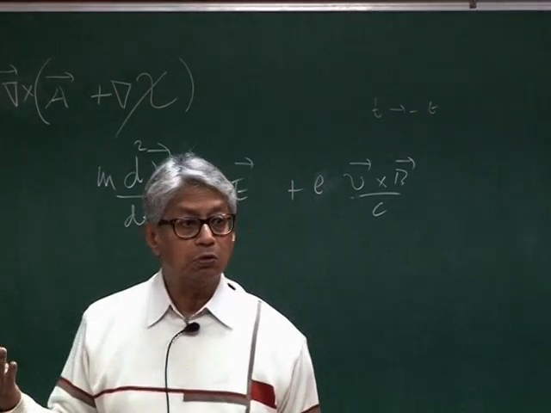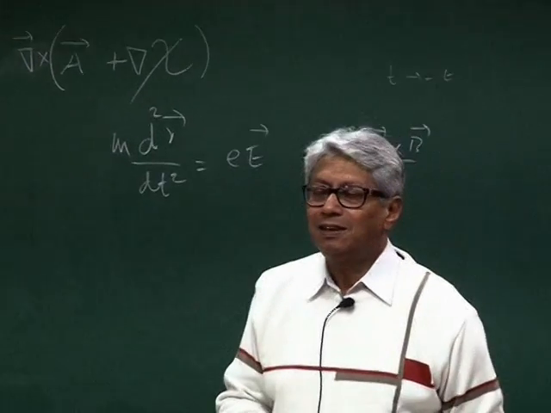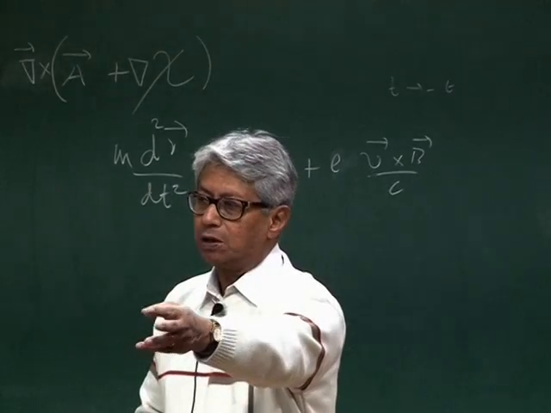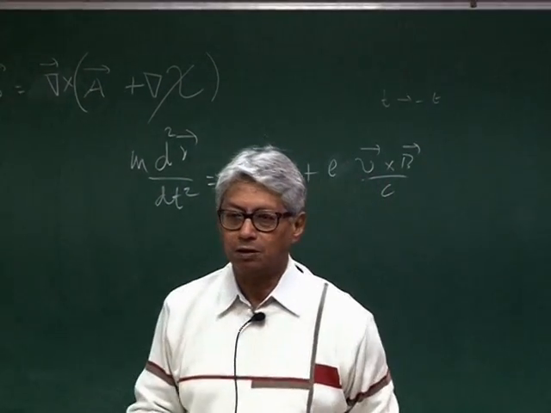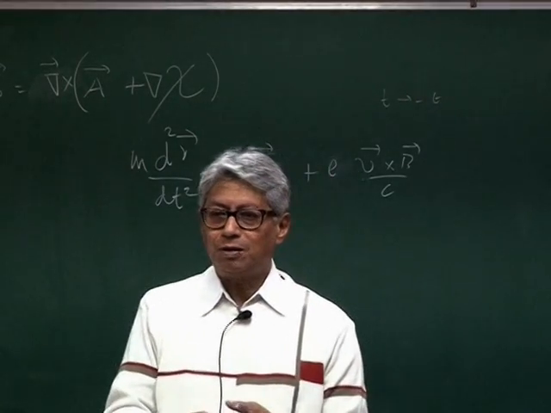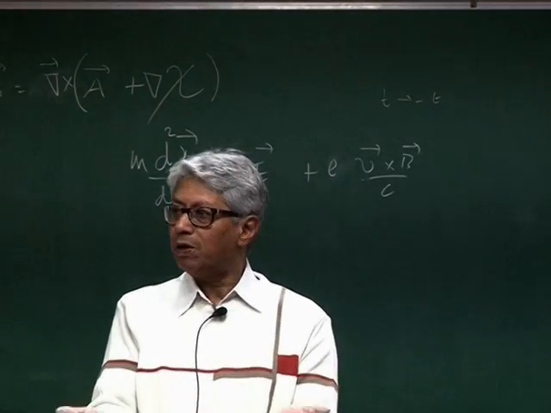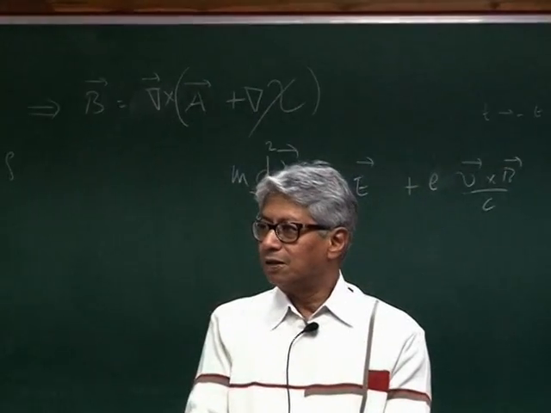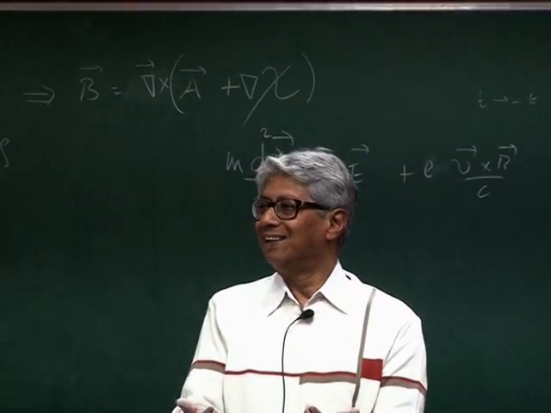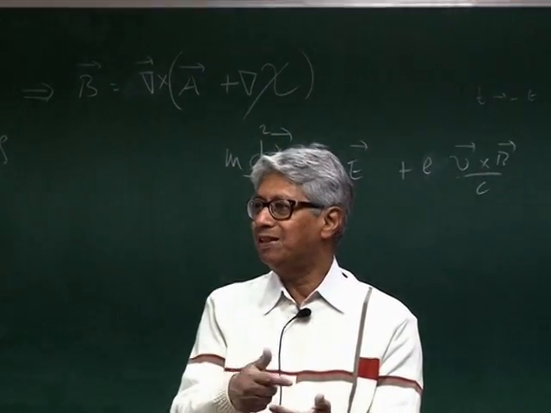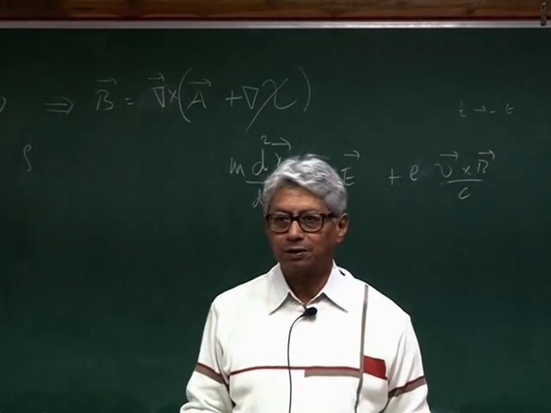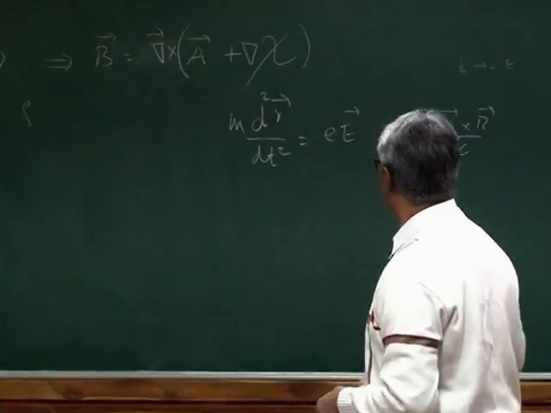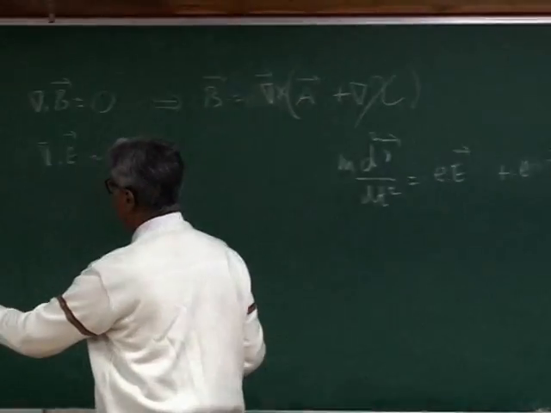Whenever you have a magnetic field, it comes from actually a current coil. So if you change the time t to minus t, that coil will also create a magnetic field in a different direction. So that's the time reversal. So anyway, that's there in this.